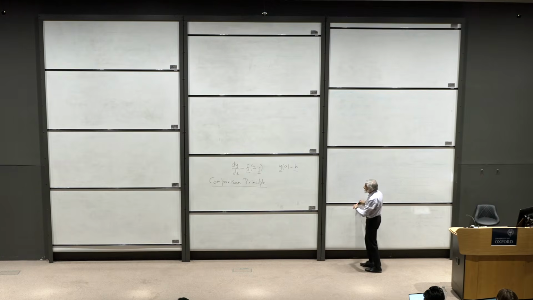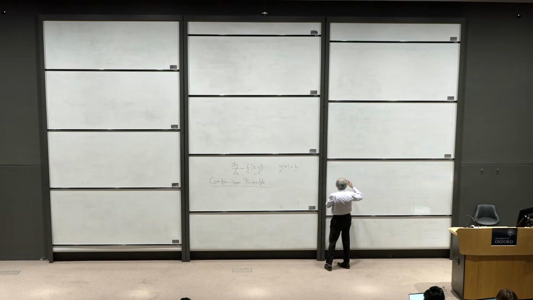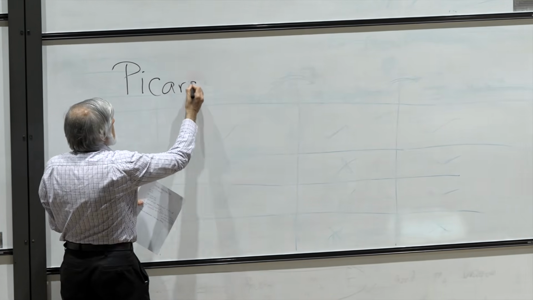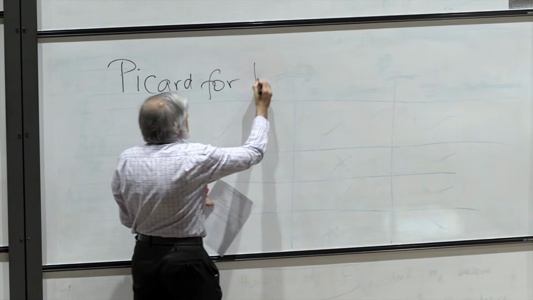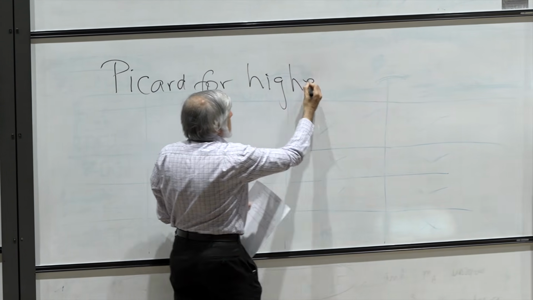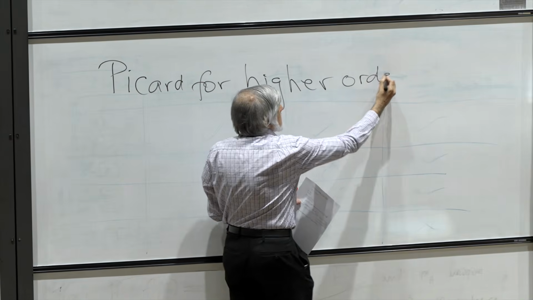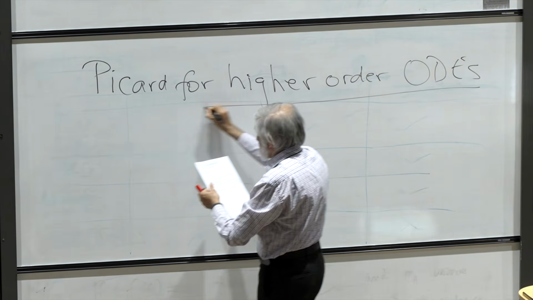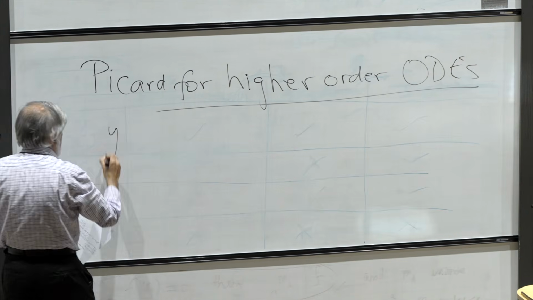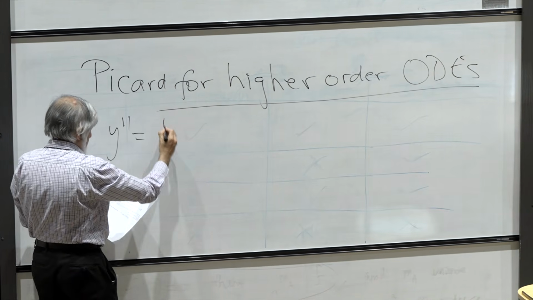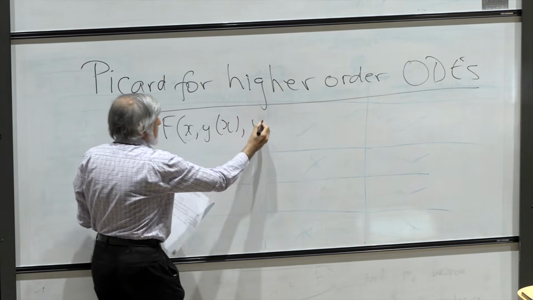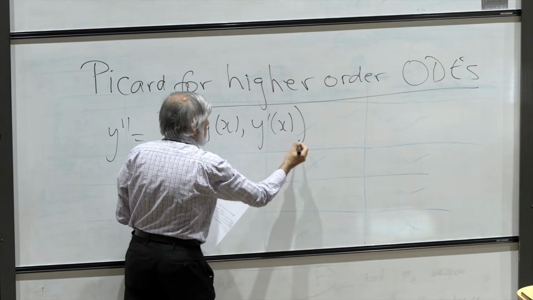So now we've done systems, and the last thing we're going to do on Picard is higher order ODEs. So suppose we've got second order, y double dashed equals f of x, y of x, y dashed of x.